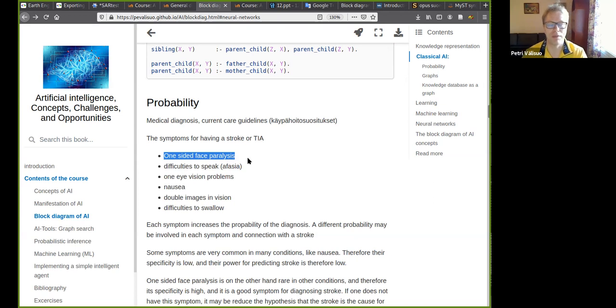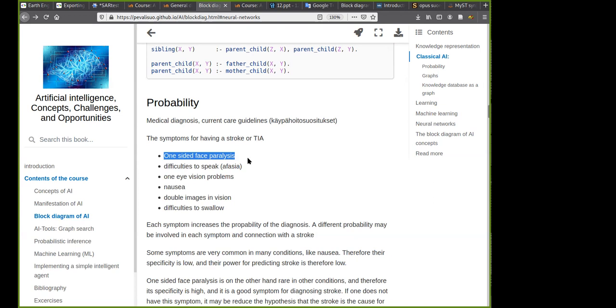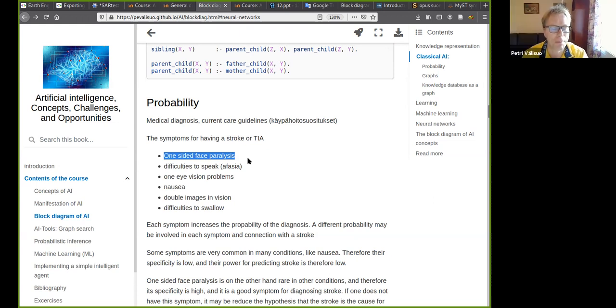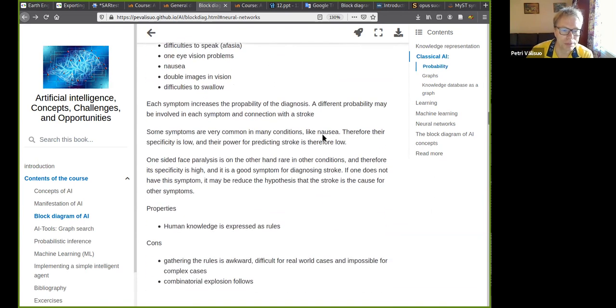And if he or she finds these, then he or she can be quite confident that this maybe was a TIA. So apparently, it would be worthwhile to describe the connections of these symptoms to this hypothesis with some probabilistic methods. And that's what they do.